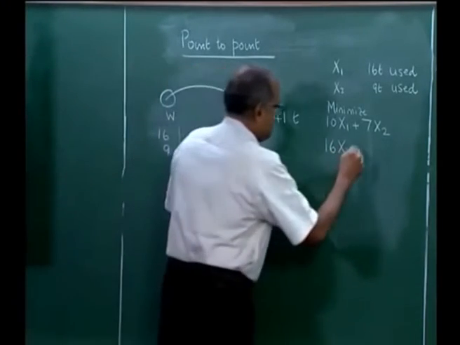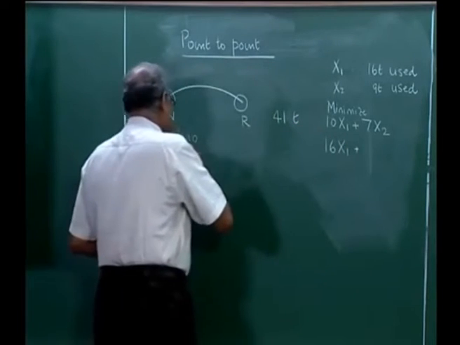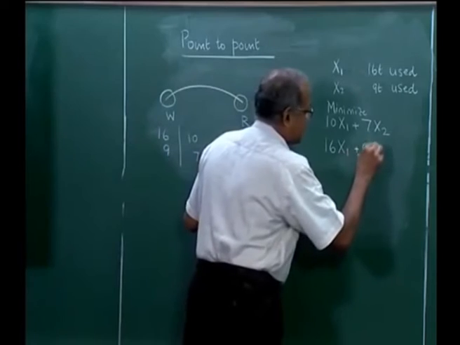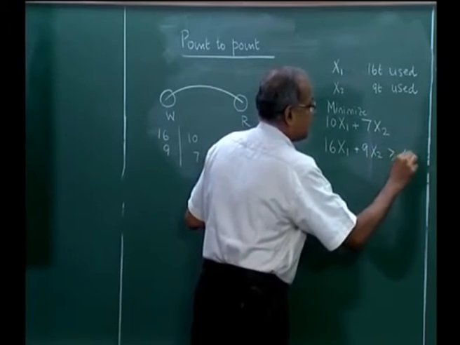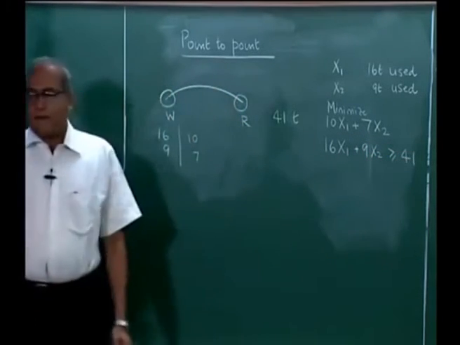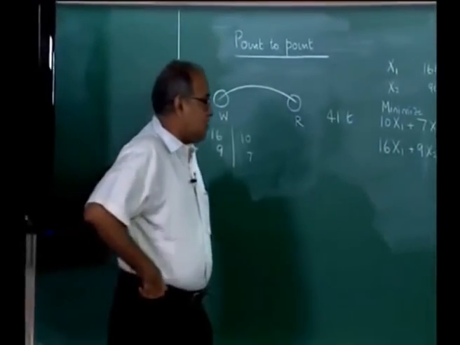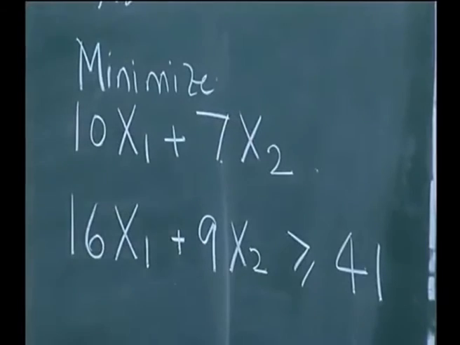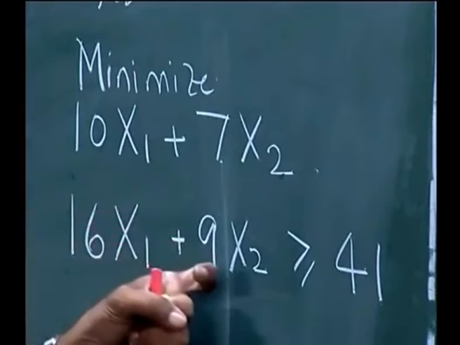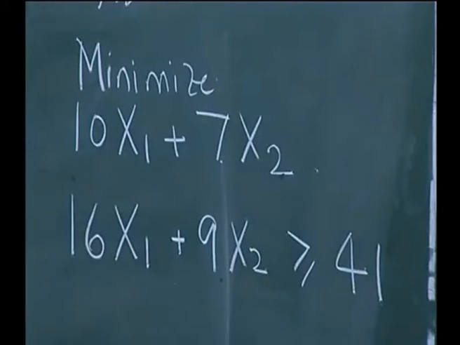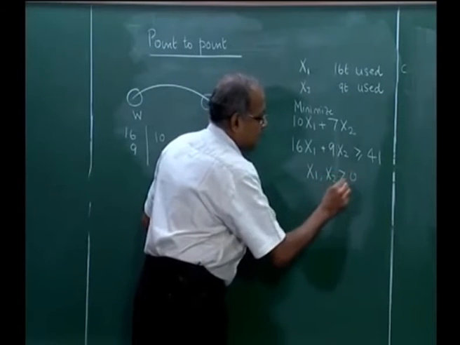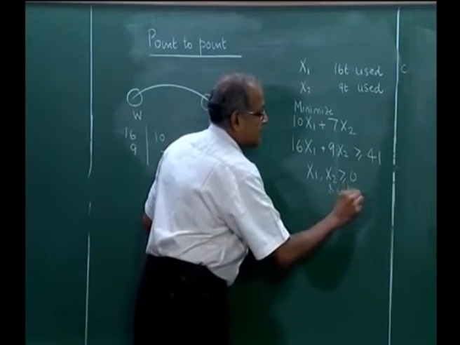If I use x2 trucks of this type, I can carry 9x2, and the total is greater than or equal to 41. So, the problem is to find out x1 and x2 that minimize 10x1 plus 7x2 subject to 16x1 plus 9x2 greater than or equal to 41, x1, x2 greater than or equal to 0 and integer.